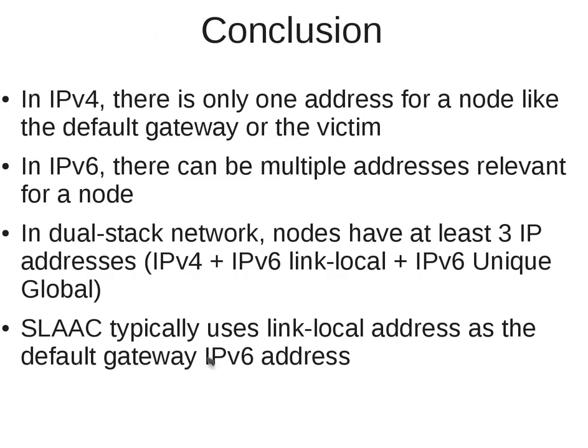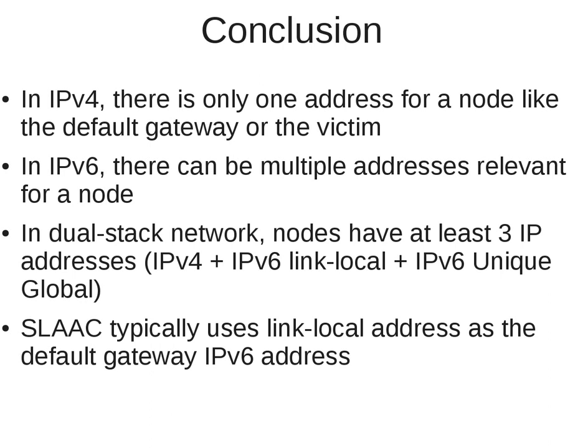Let's go through what we just talked about. In IPv4 it was easy. We had only one address on an interface of a node, either the default gateway or the victim, and you say this is the gateway and this is the victim, and that's it. In IPv6 it's a bit more complicated because we definitely have multiple addresses, and we need to take care about which address I choose.